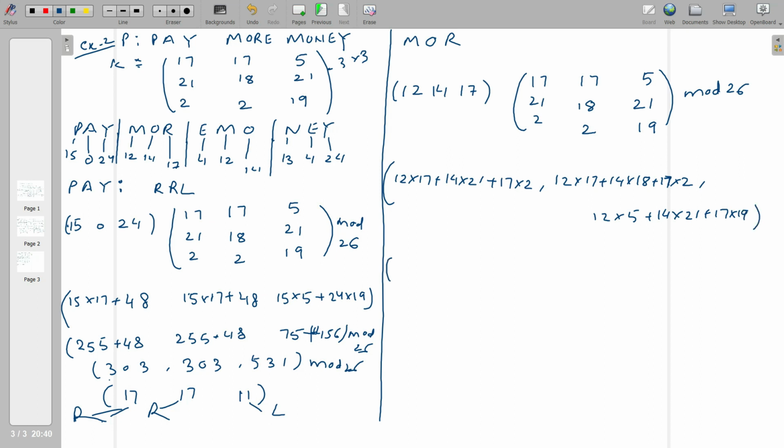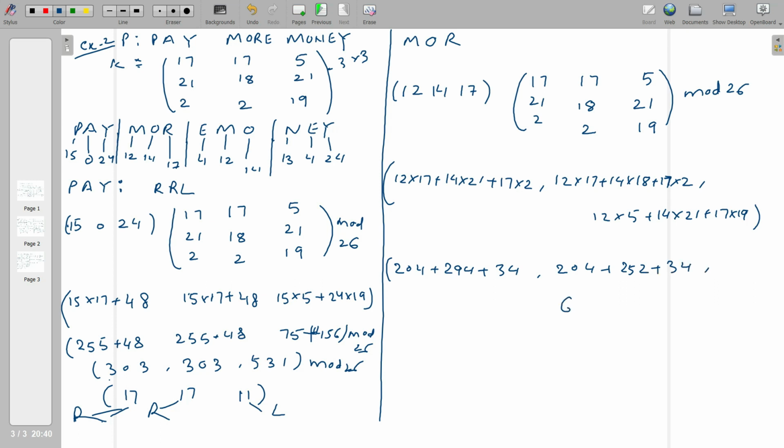So 12 into 17 is 204, 14 into 21 is 294, and 17 into 2 is 34. So 12 into 17 is 204 again. 14 into 18 is going to be 252, and 17 into 2 is 34 again.